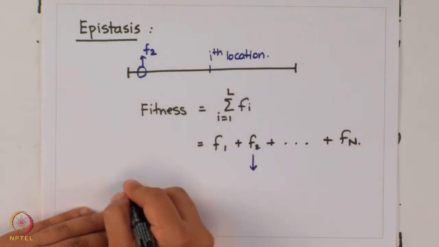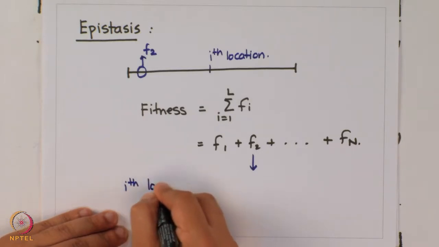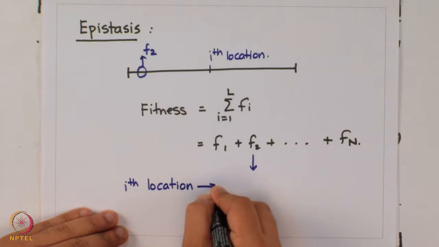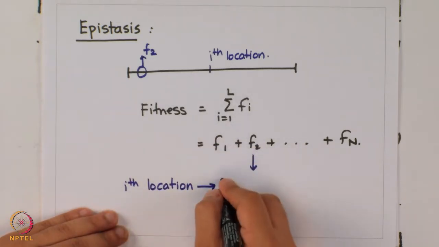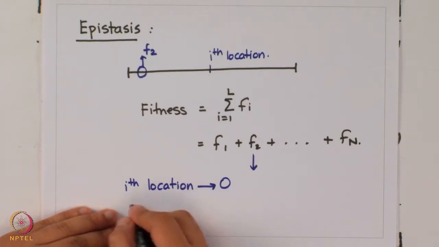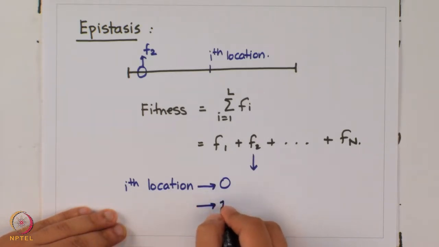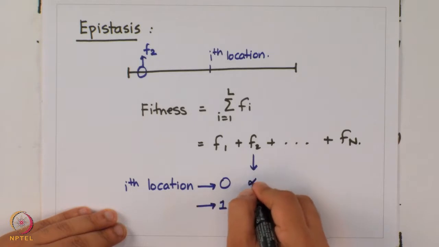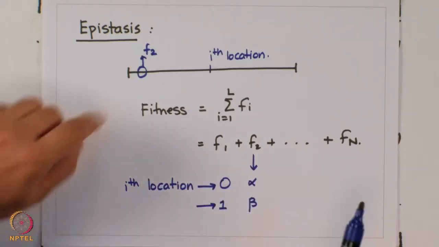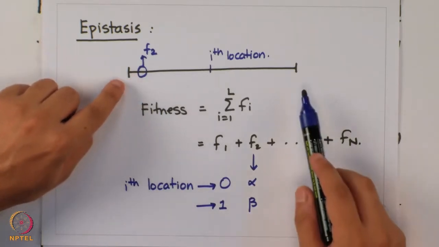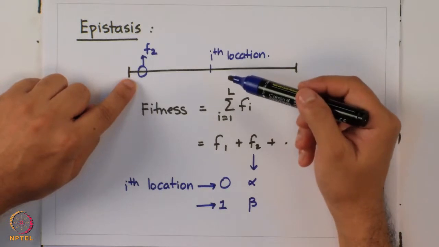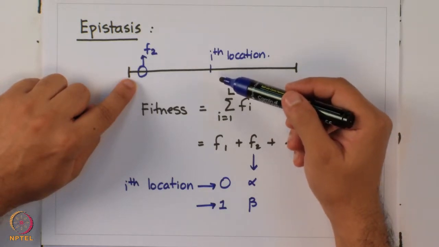If the ith position on DNA in our framework is a 0, F2 might be a certain value, but if the ith position is a 1, F2 will take a different value. So, for instance, let us say the relative contribution of F2 towards the fitness of this DNA string is dependent on what is present on the ith location.